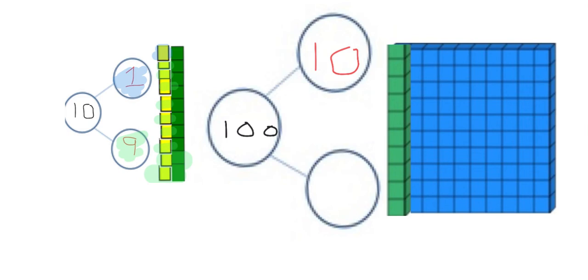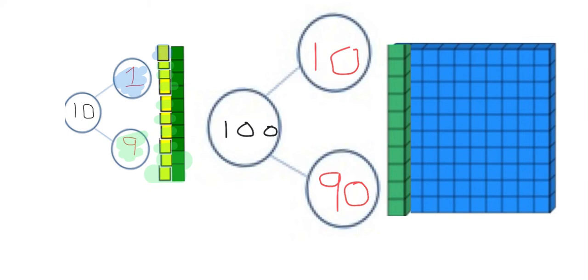That's right, it's 9. I need 9 10s, which make 90. Let's double check. 10, 20, 30, 40, 50, 60, 70, 80, 90. Yes, 10 and 90 equal 100.